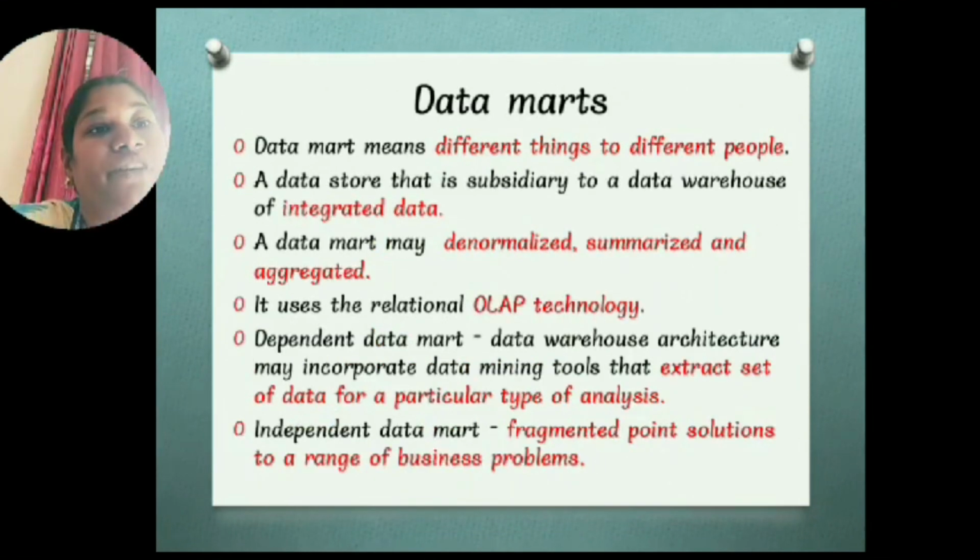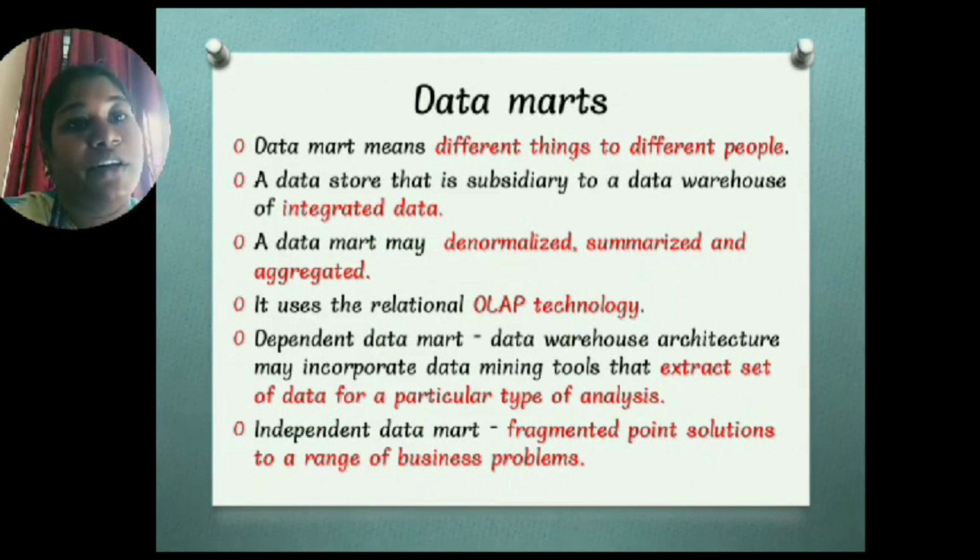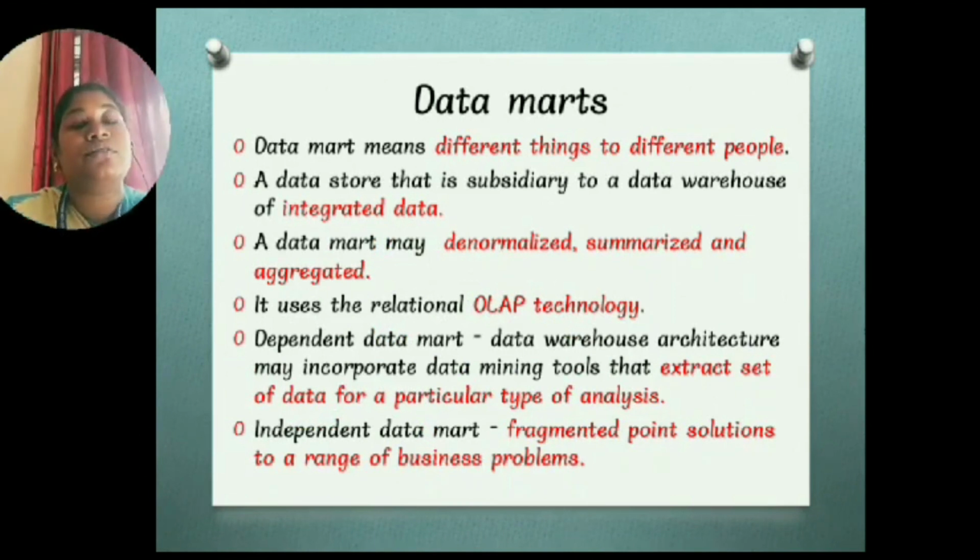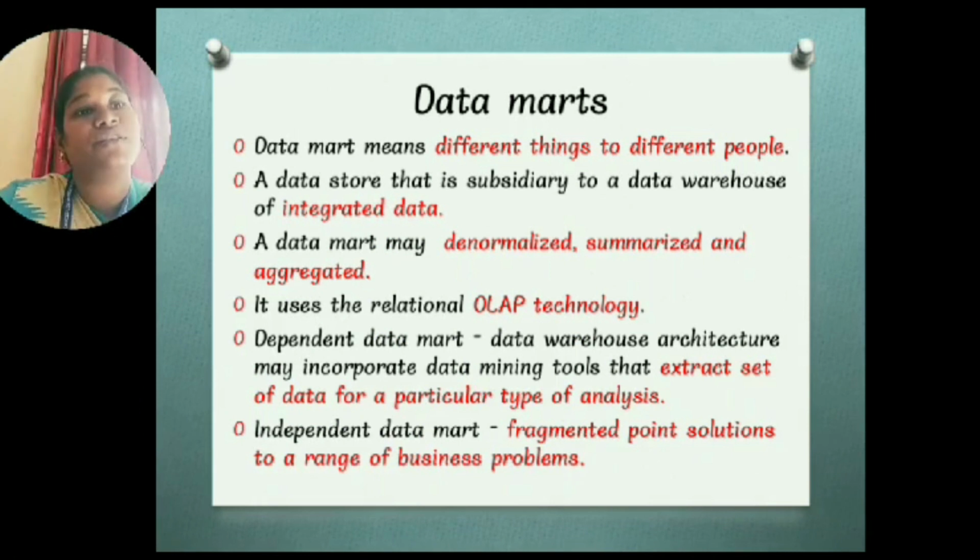Data marts mean different things to different people. The data mart may denormalize, summarize, and aggregate. It uses relational OLAP technology, with dependent data marts and independent data marts.